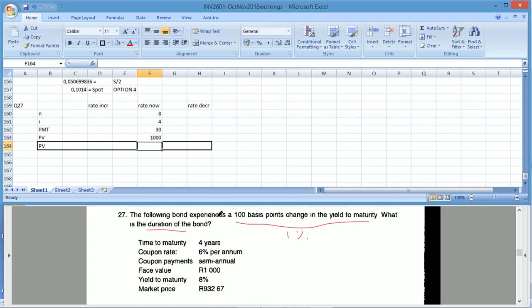I'm looking for a 100 basis point change to both sides, the rate increase and decrease, so if it's currently 4, it'll be 3.5 here and 4.5 there. Everything else stays the same: 8, 30, 1,000.